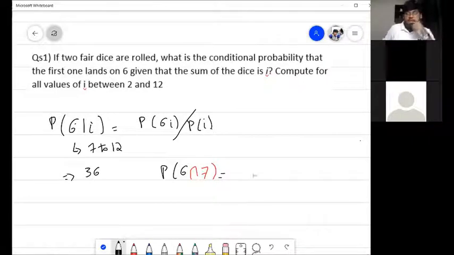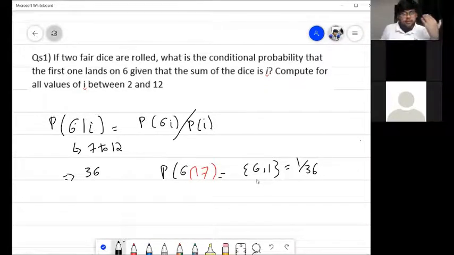In our sample set, it basically means you getting a 6 and a 1, right? So what's the probability for that? 1 upon 36, right? Absolutely. So one thing I figured out is that for one possible value, it is 1 upon 36.